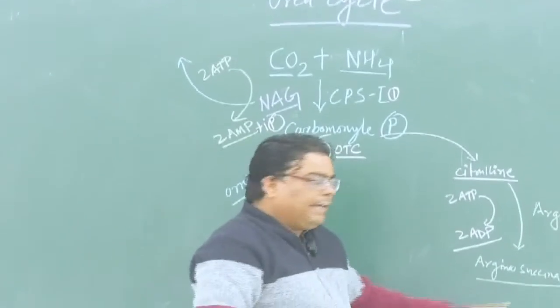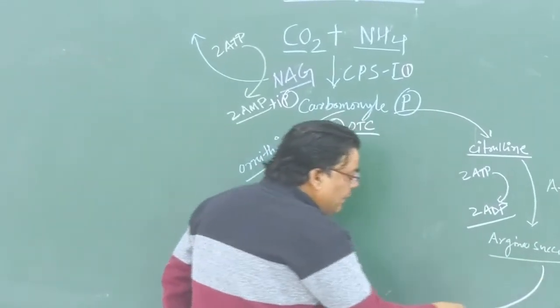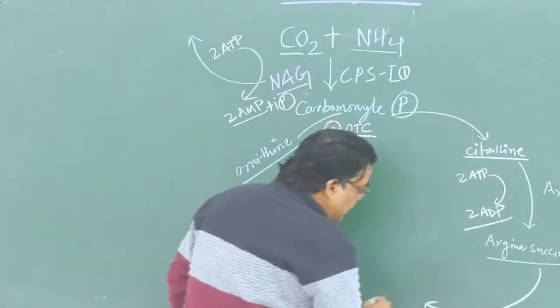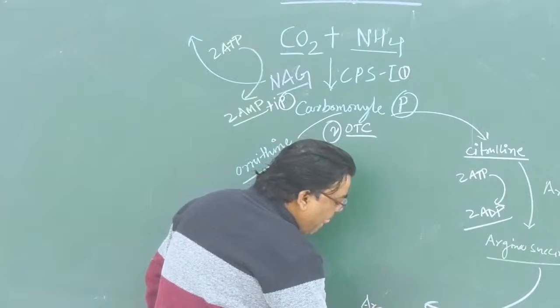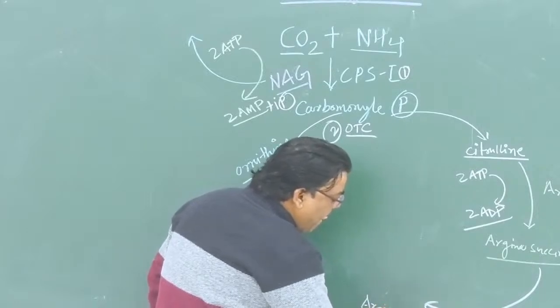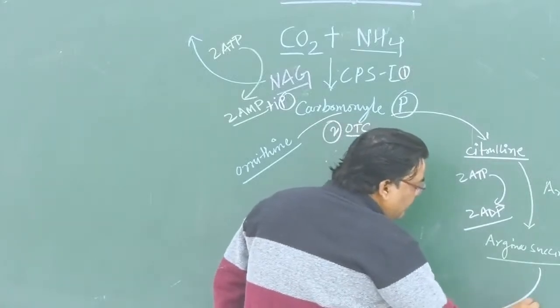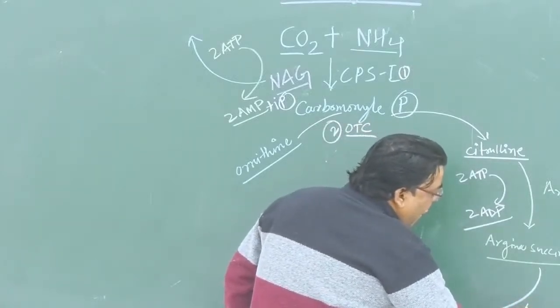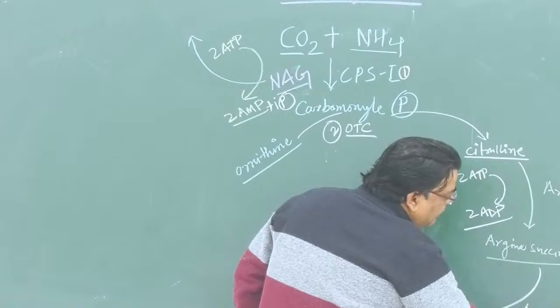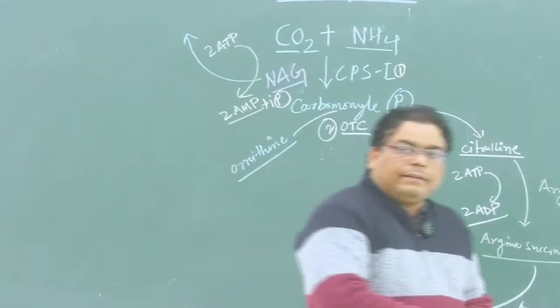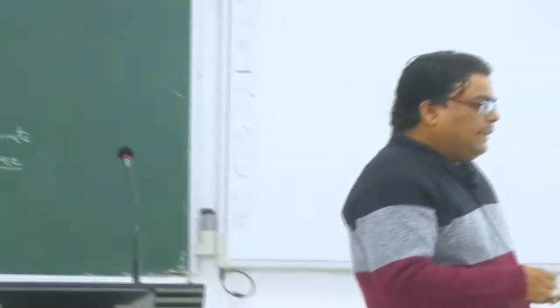So argininosuccinate is further broken down, forming arginine with the enzyme argininosuccinate lyase. In this step, there is a removal of another substrate which directly participates in the TCA cycle.